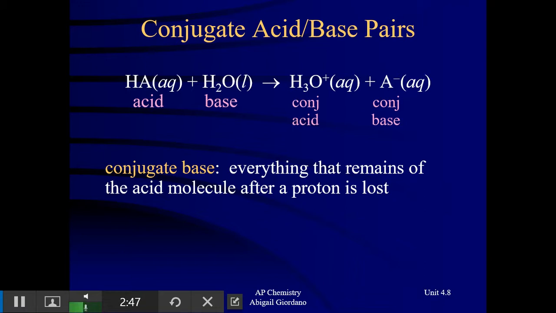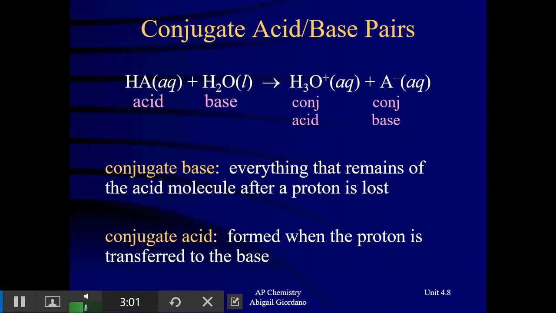The word conjugate, I want you to interpret as what something becomes. So the acid, after it gives away its hydrogen, becomes the conjugate base. The conjugate acid is whatever the base becomes after it does what bases do, after it accepts that hydrogen. So H2O becomes H3O+. H3O+ is the conjugate acid.